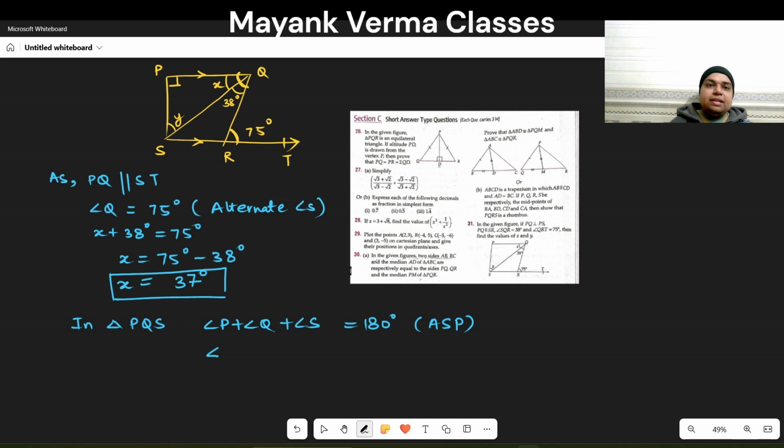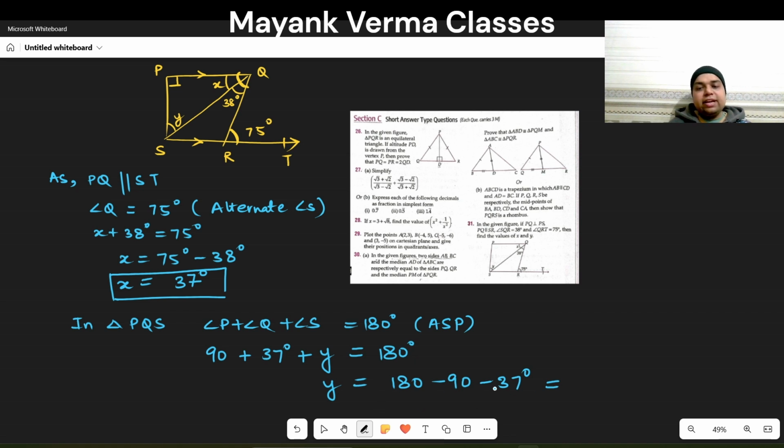So angle P is 90, angle Q is x, which is 37 degrees, plus angle S is y, should be equal to 180 degrees. So y will be equal to 180 minus 90 minus 37. Okay, so 180 minus 90 will be 90, 90 minus 37 will be 53. 53 degrees will be the answer. So y is 53 degrees.